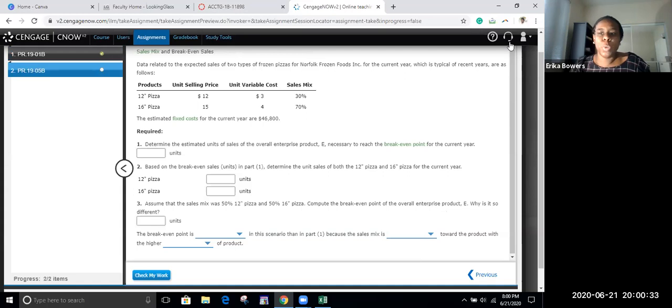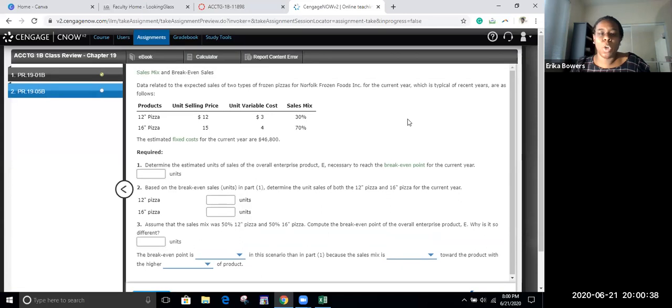So this one is where we're going to be looking at sales mix and break-even sales. We have two products, frozen pizza for Norfolk Frozen Foods. They have 12-inch and 16-inch pizzas, and the estimated fixed cost for the current year is $46,800. So we've been asked to do the break-even point for the two products, which is going to be our enterprise product.